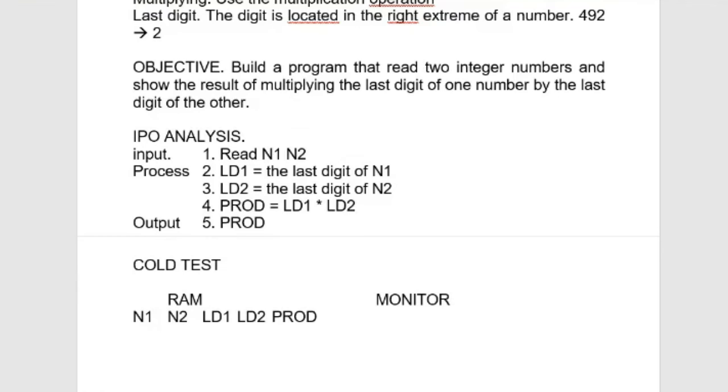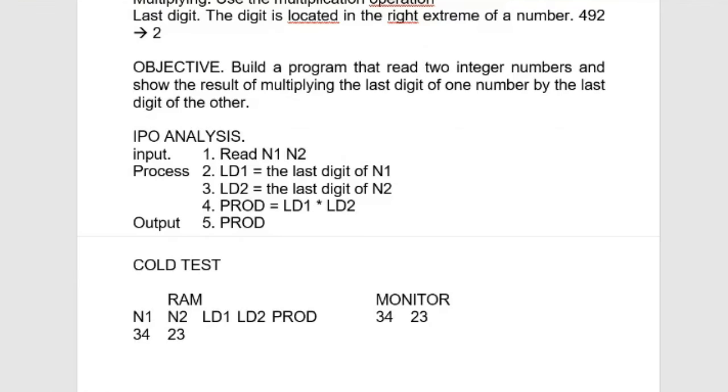Look, step number 1, read two numbers. The first for N1 and the second for N2. Suppose the computer reads 34 and 23. So 34 is in N1 and 23 is in N2.